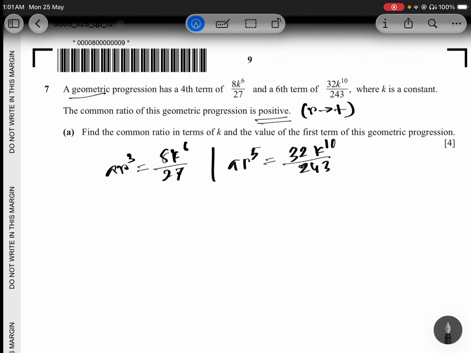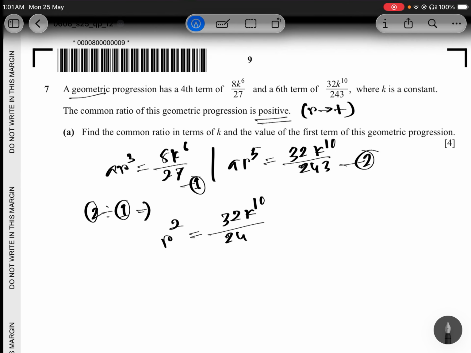Okay, so I'm taking this as equation 2. I'm taking this as equation 1. So 2 divided by 1. So we'll have r to the power square equals 32 k to the power 10 over 243 times 27 over 8 k to the power 6.